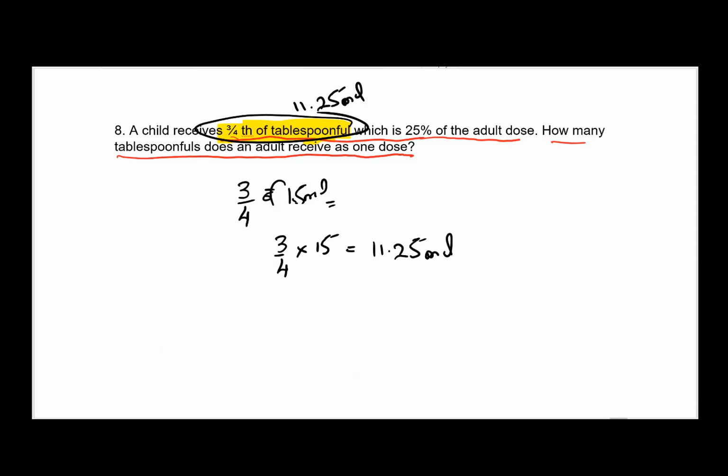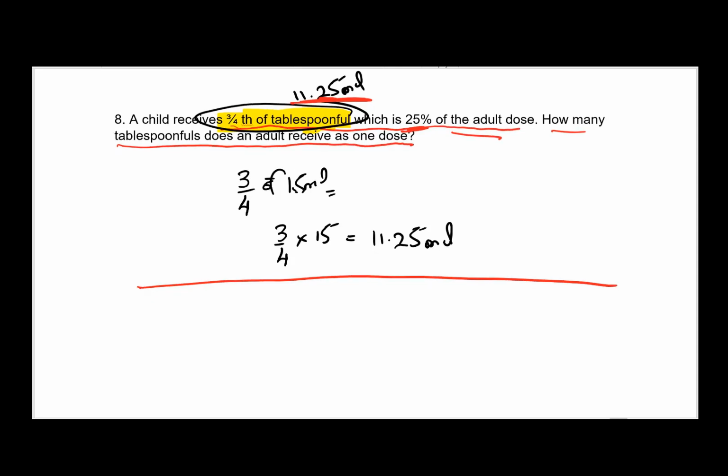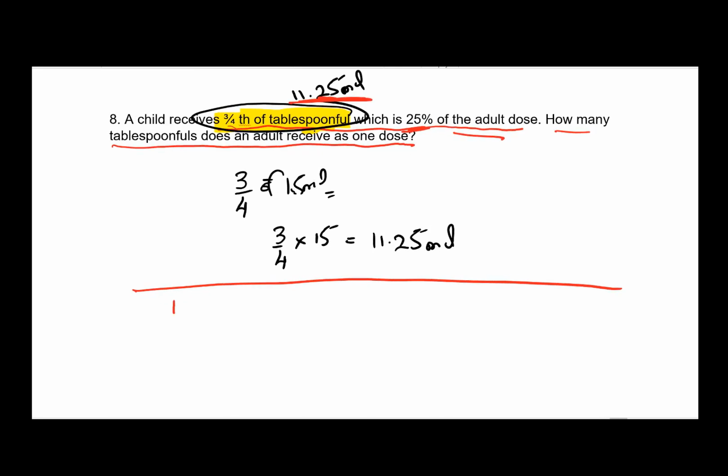Now the question further says that this 11.25 mil is 25% of the adult dose. So let's write it down. 11.25 mils is 25% of X. Say X is the adult dose. Okay?